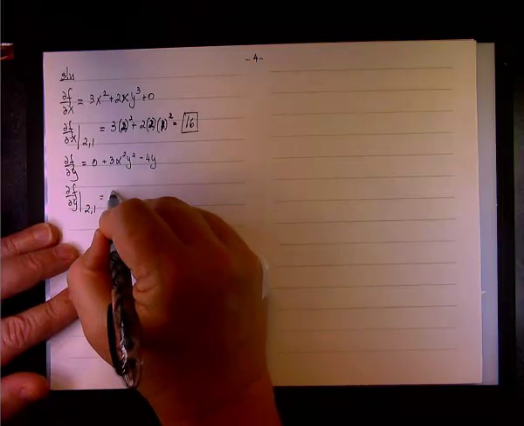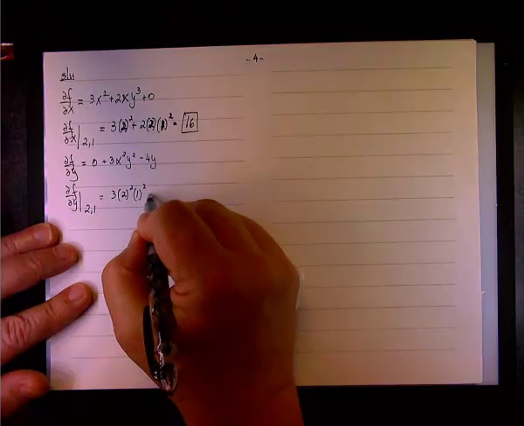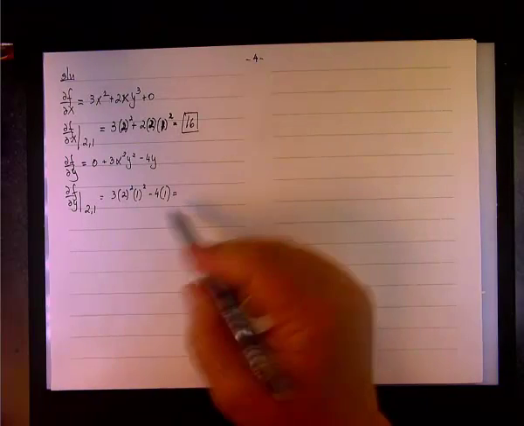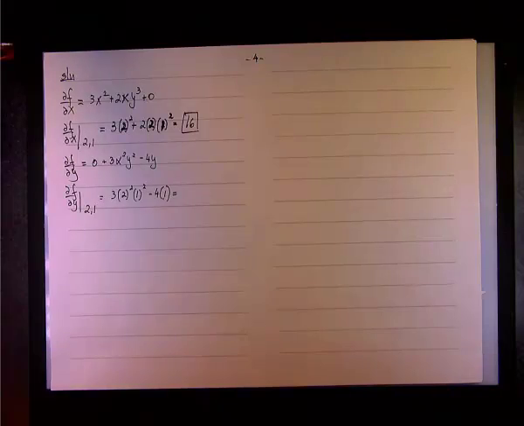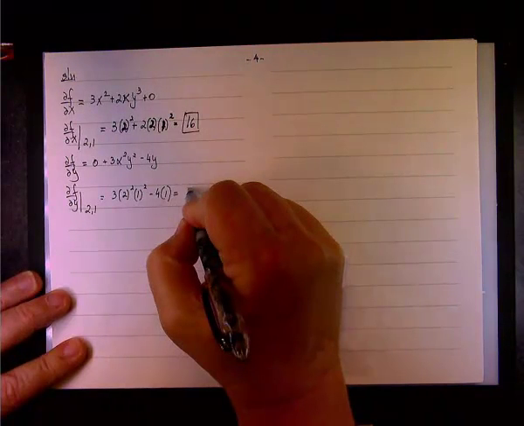And del f del y evaluated at (2, 1) is 3 times 2 squared times 1 squared minus 4 times 1. So we are looking at 12 minus 4, or 8.